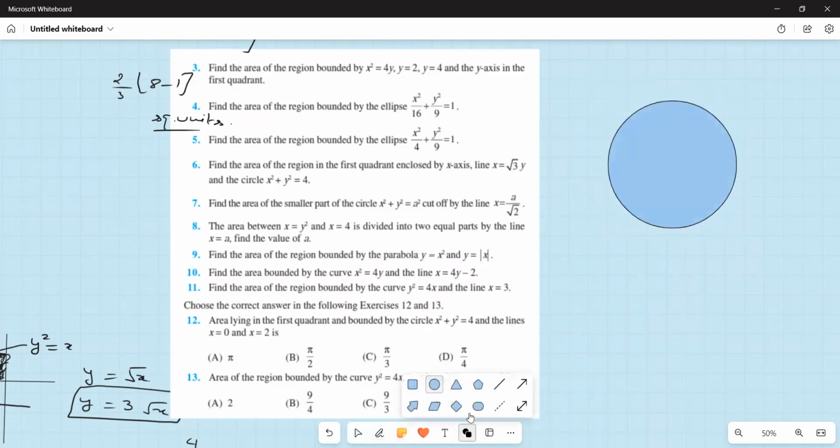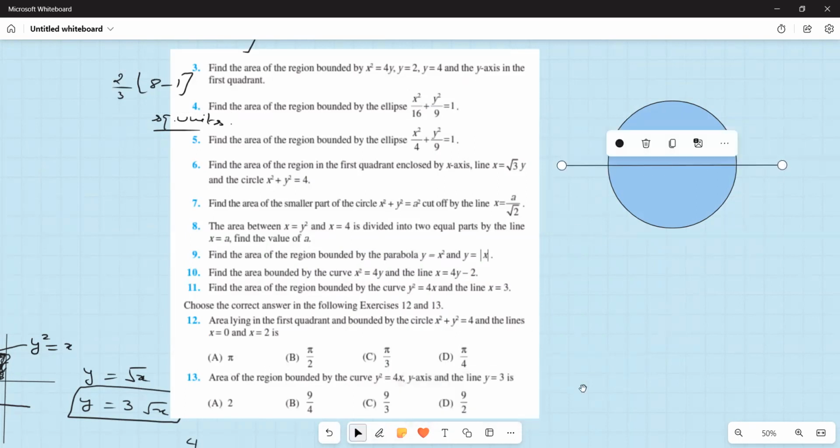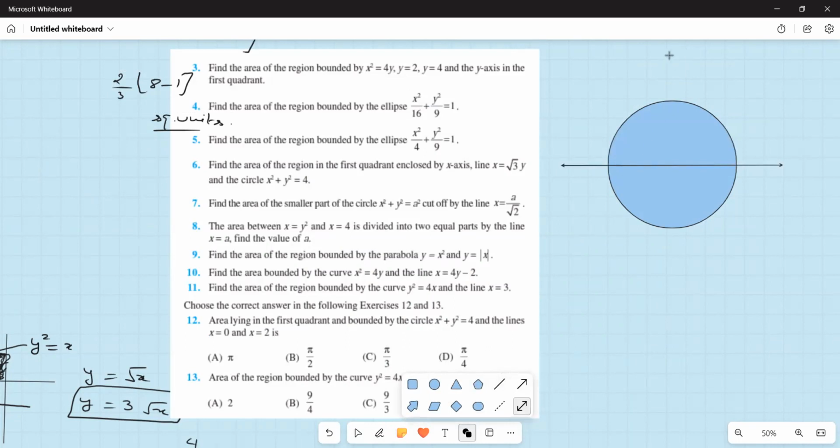Then one line over here. One line over here. This is the x-axis and y-axis. Then it says there is a line x is equal to a by root 2.